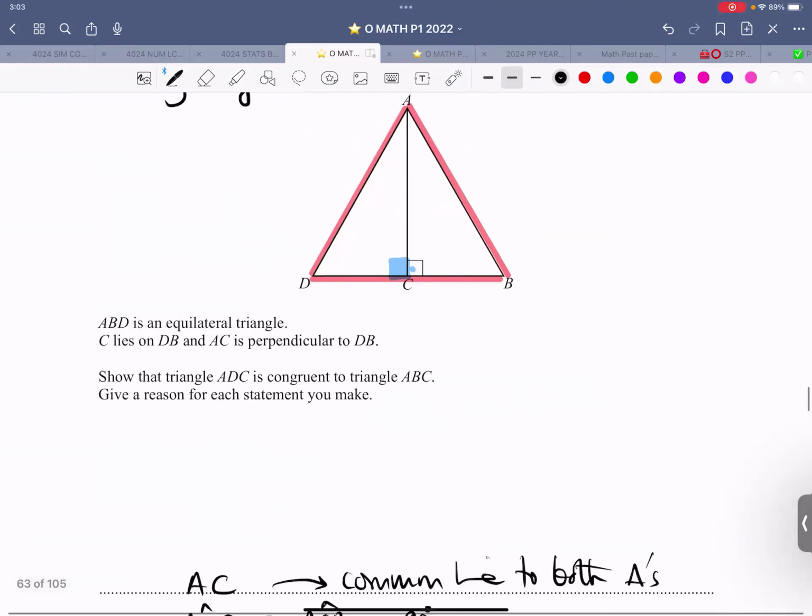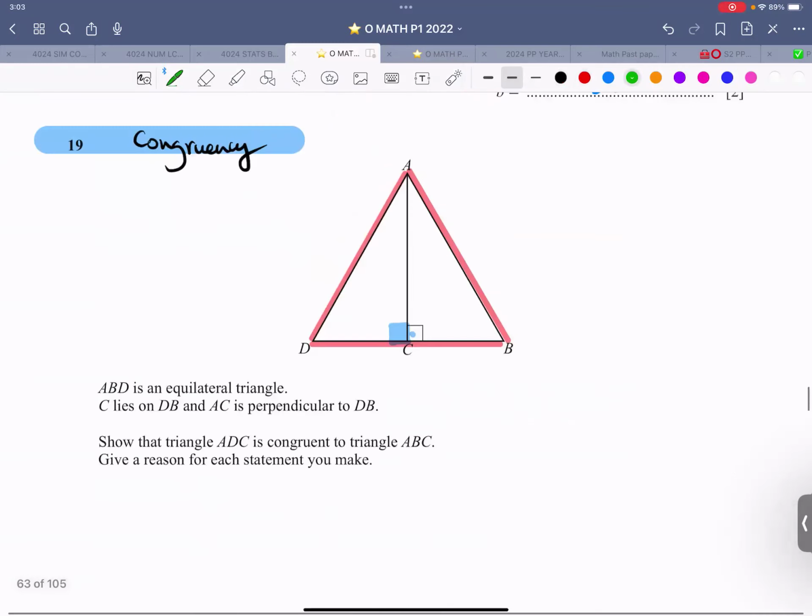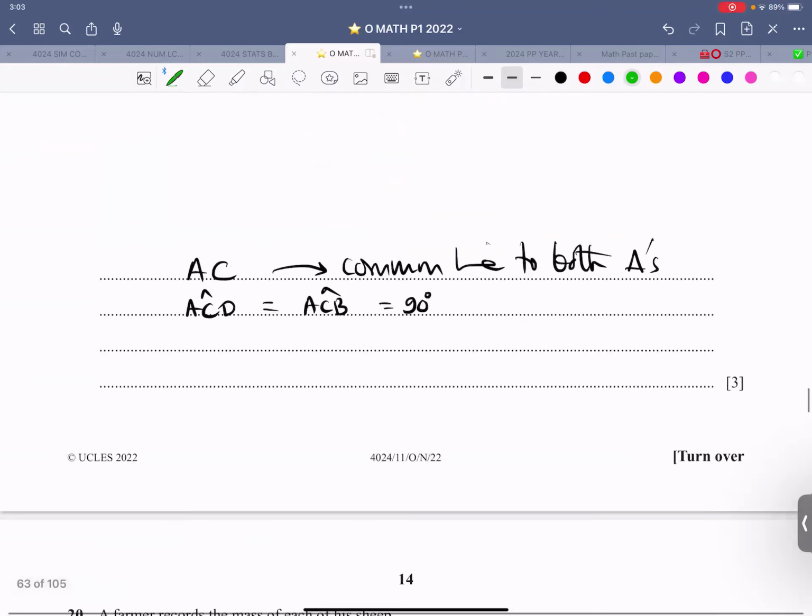That's the second thing. The third thing is these two lengths are also the same. That is AD equals AB. This is given, as the original triangle ADB is equilateral.